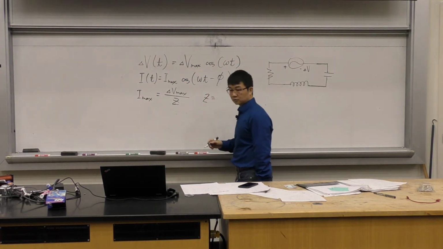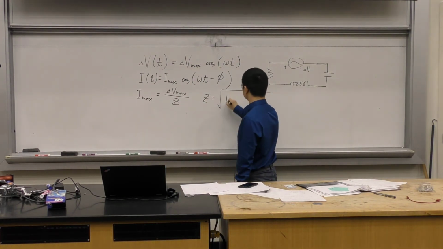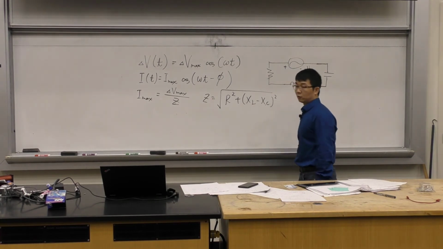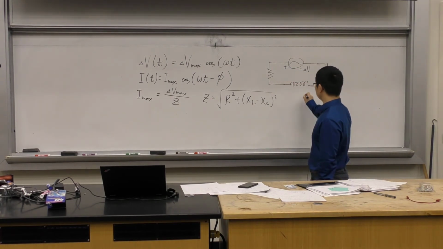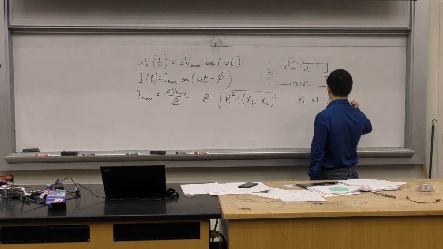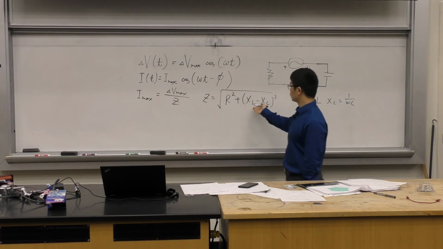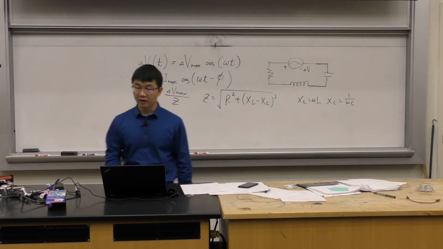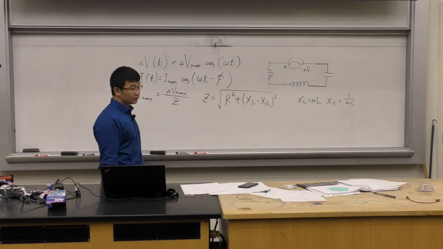It's the square root of R squared plus (XL minus XC) squared. What are XL and XC? Well, we just defined them. XL is omega times L. XC is 1 over omega times C. They don't change. They're still the reactance from the inductor and the reactance from the capacitor.